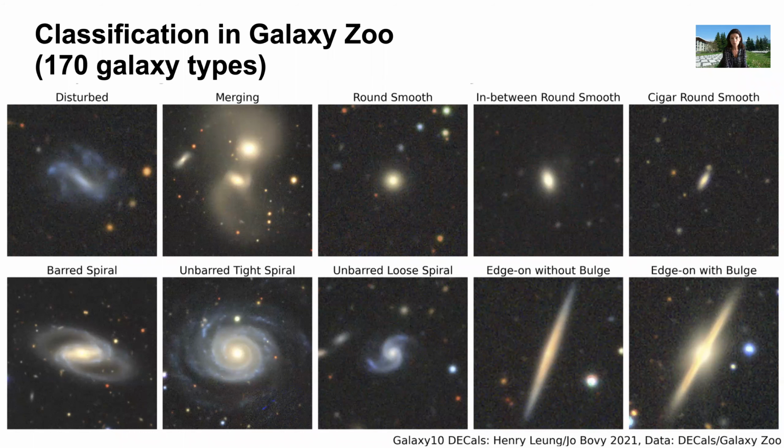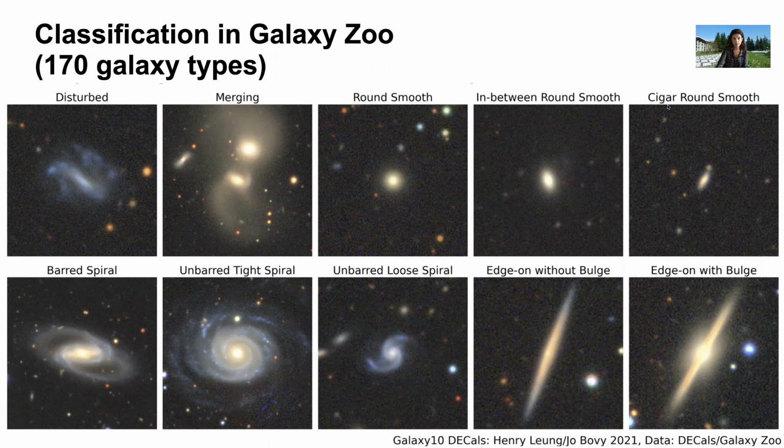And what Galaxy Zoo does, it crowdsources the labeling of images by showing an example, for instance, of a spiral galaxy and randomly selecting images from the SDSS dataset and asking the crowd to indicate whether the image has a similar or a different shape, whether the galaxy in this case is a spiral galaxy or not.